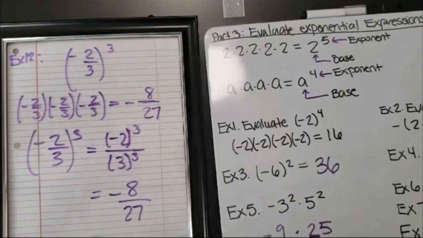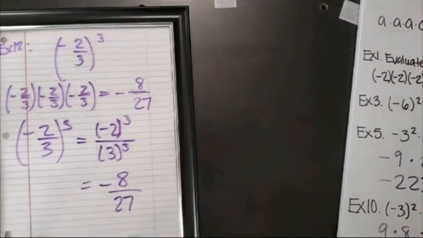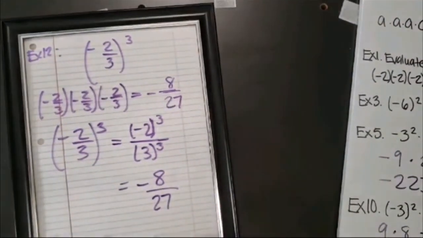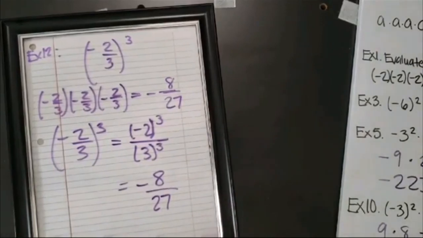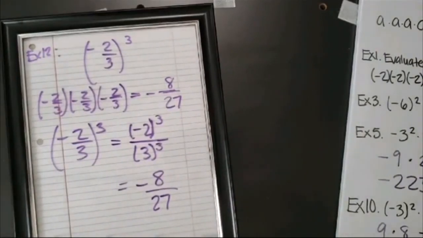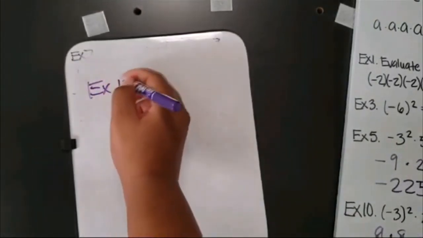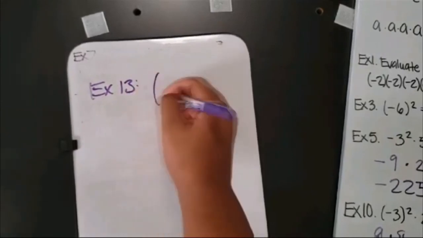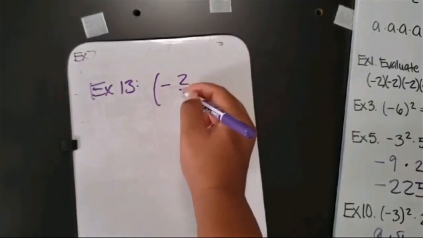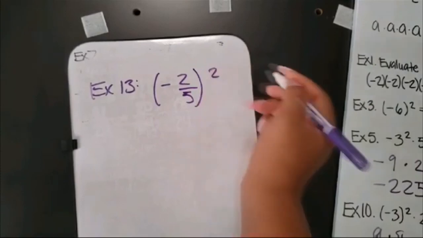All right, so with that being said, let's look at one more like that, and this is example 13. And it is -2/5 squared.